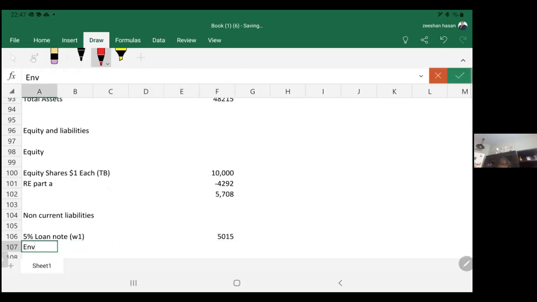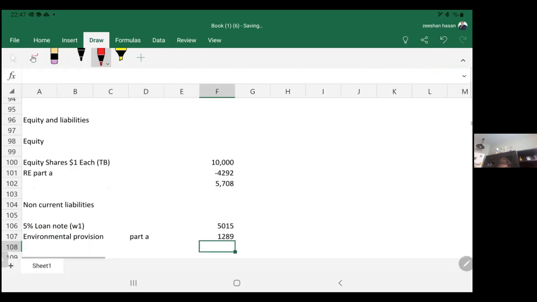Environmental provision, part A. How much was it? 1289. Deferred tax, working 3, 1703.